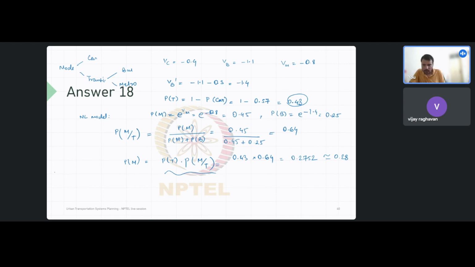Now this was nested logit model. So now we will do multinomial logit model. So here probability of metro will be, so first we will choose metro. So that is e power Vm, e power Vm, e power Vb, and we'll have e power Vc.